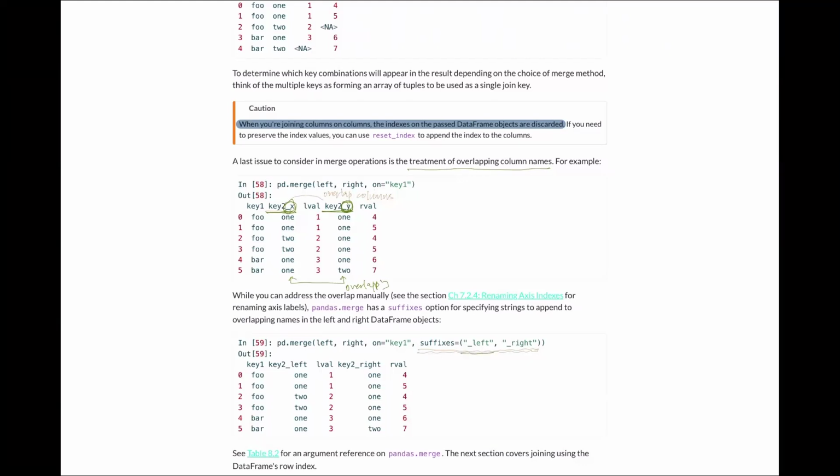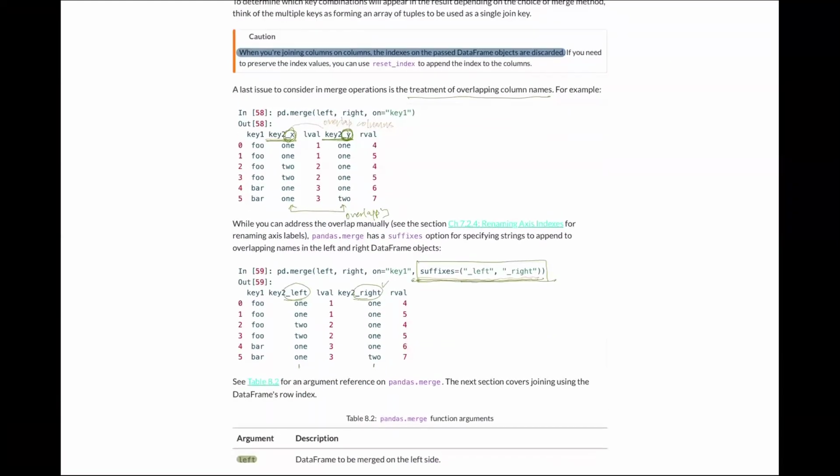You can also designate the suffixes right here. The first one will be the left, and the second one will be the right. That allows you to identify where each column comes from. Okay, that's how it works.